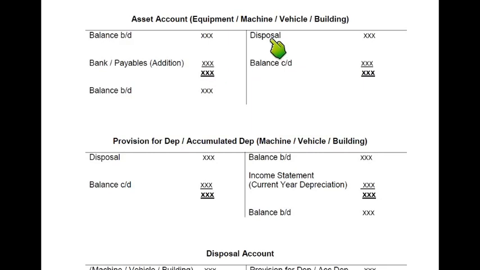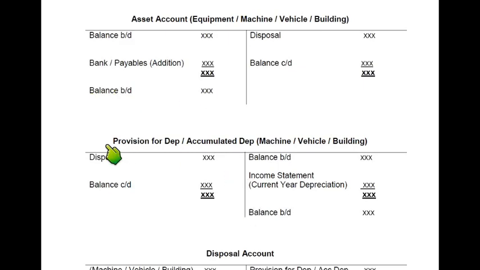And if we are selling a non-current asset, in disposal we'll be using the original cost, because this is a cost account. It is not the amount at which the asset is sold, it is the original price at which we originally bought the asset. Then the shorter side is balance CD, and the balance CD becomes balance BD, that is the opening balance in the next year.